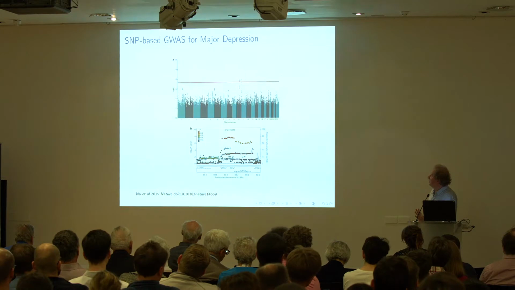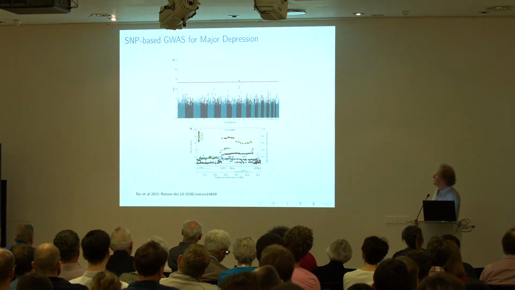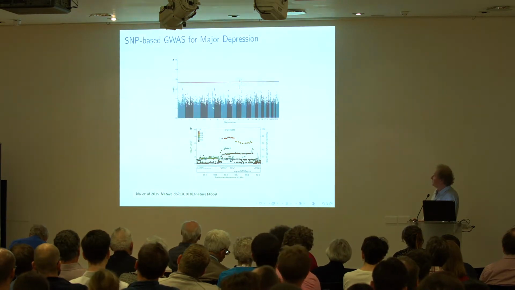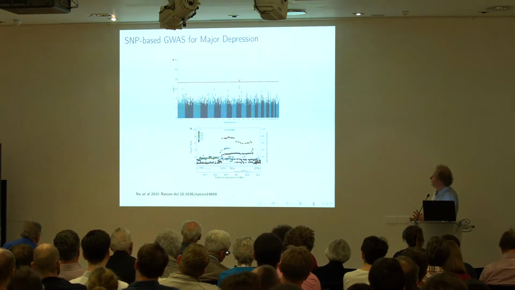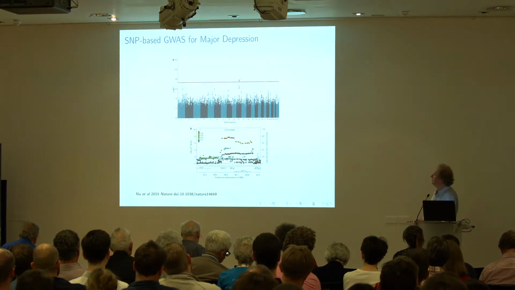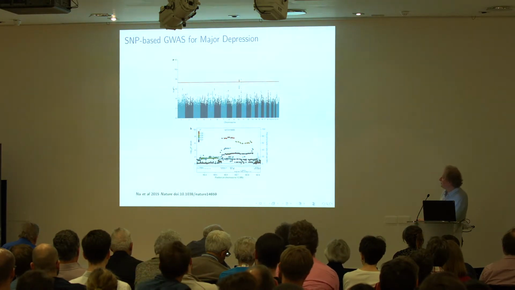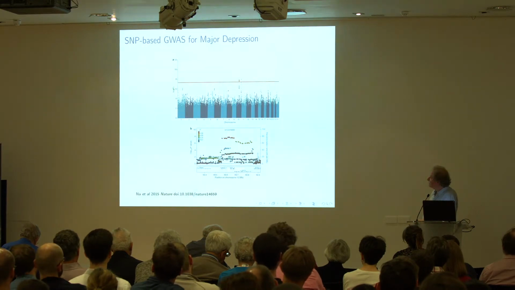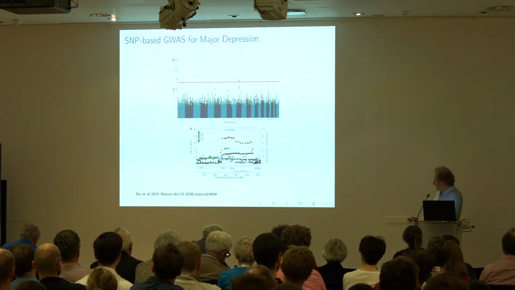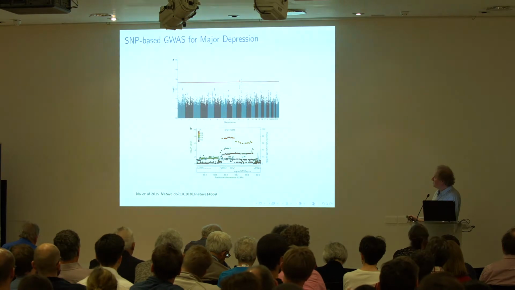So if you do a standard SNP-based GWAS of this data, imputing SNPs from the sequence data, you get two genome-wide significant hits, which can be replicated in a different sample. One of them is close to a gene called SIRT1, which has some mitochondrial association. So yes, we find signals, but we don't find very many.